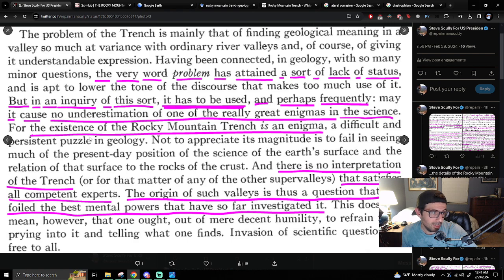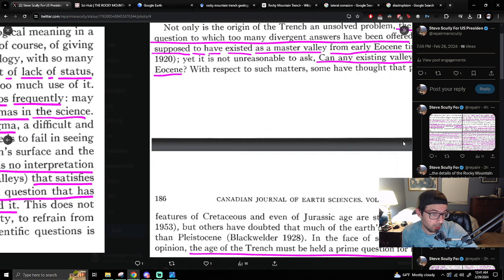For the existence of the Rocky Mountain Trench is an enigma. There is no interpretation of the trench that satisfies all competent experts. The origin of such valleys is a question that has foiled the best mental powers that have so far investigated it.